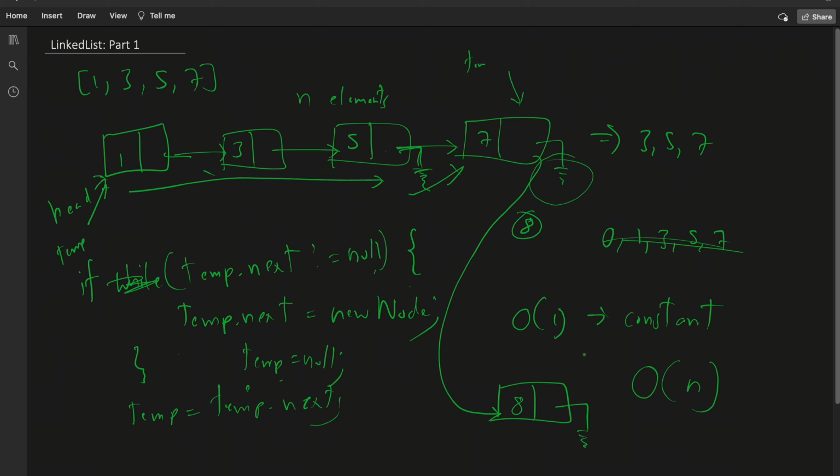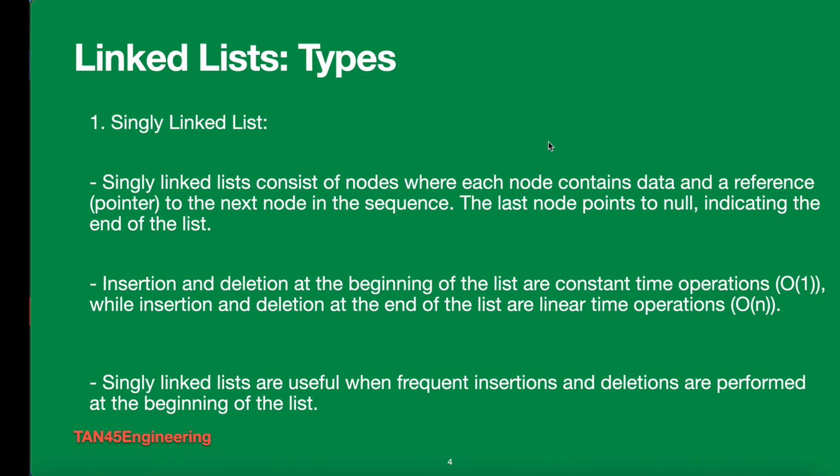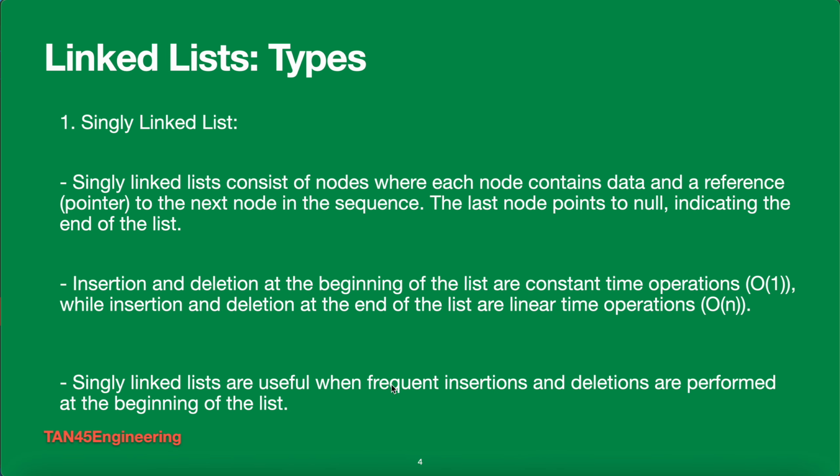So insertion or deletion at the beginning of the list, on the head, is constant time, that is O of 1, but insertion and deletion at the end of the list is O of n time complexity. Okay, and this is singly linked list. Singly linked lists are useful when frequent insertions and deletions are performed at the beginning of the list. That is understood, right? Let's move forward.